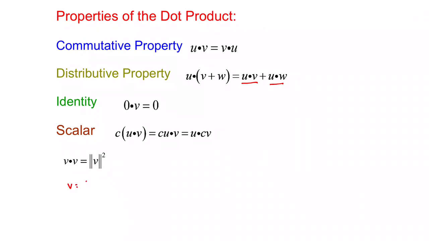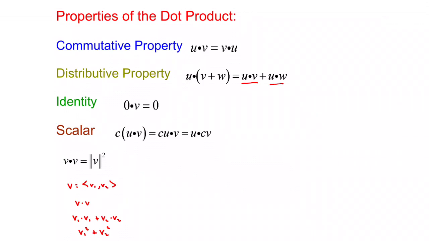Vector v with components v sub 1 and v sub 2. If we do the dot product of that same vector, that would be v sub 1 times v sub 1 plus v sub 2 times v sub 2, which would be v sub 1 squared plus v sub 2 squared.